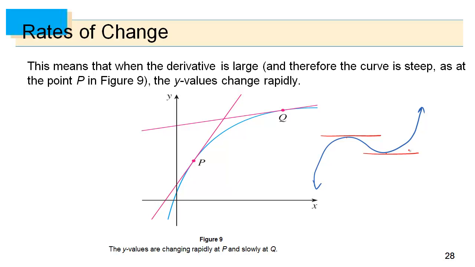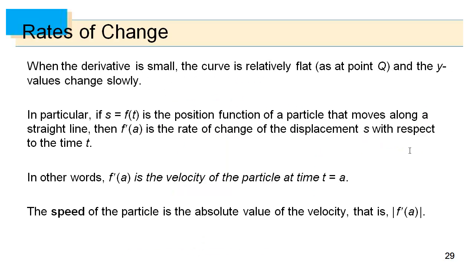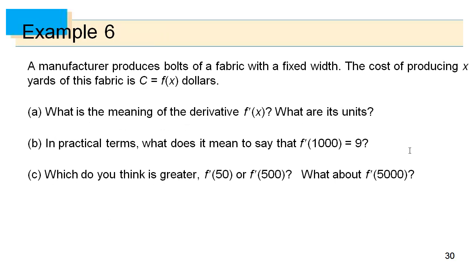So taking derivatives, setting them equal to 0, and solving becomes very important, because now that tells us what values of x are relative mins and maxes of our function. And that's what we're talking about on this slide, that when the derivative is small, the curve is relatively flat. Okay, one last example.